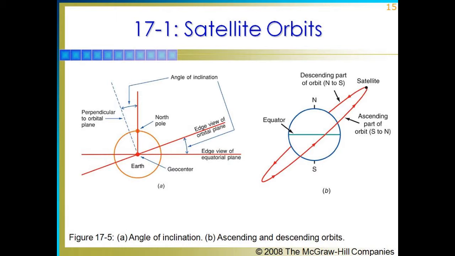When the angle of inclination is 90 degrees, the satellite passes over both the north and the south poles once for each orbit. Orbits with 0 degree inclination are generally called equatorial orbits, and orbits with inclinations of 90 degrees are referred to as polar orbits.